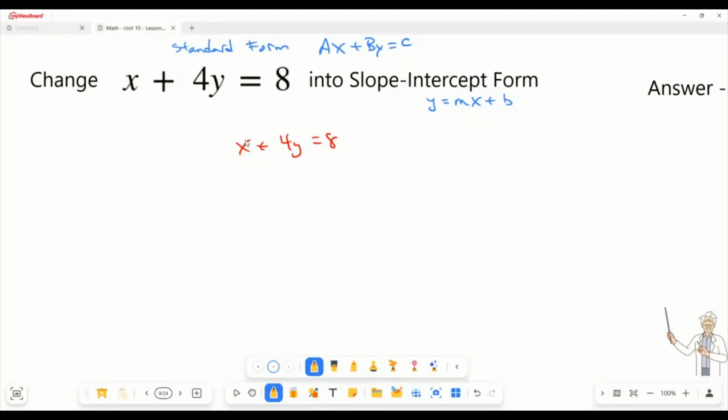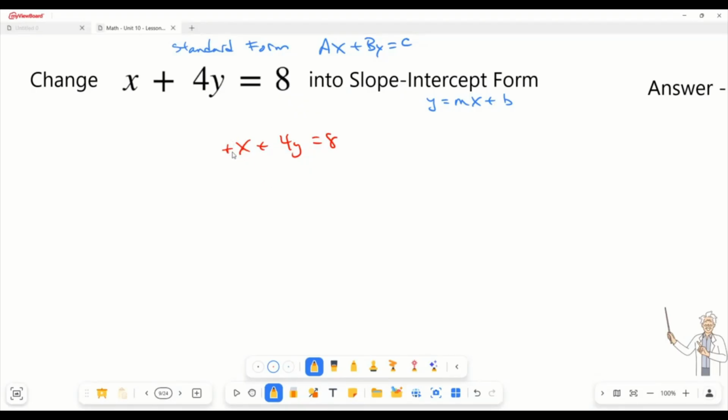I need the X term over here. It is positive X plus 4Y. The 4 is being multiplied, so I'm going to get rid of the 4 after I take care of the X. We undo addition or subtraction first. The X is being added to 4Y.